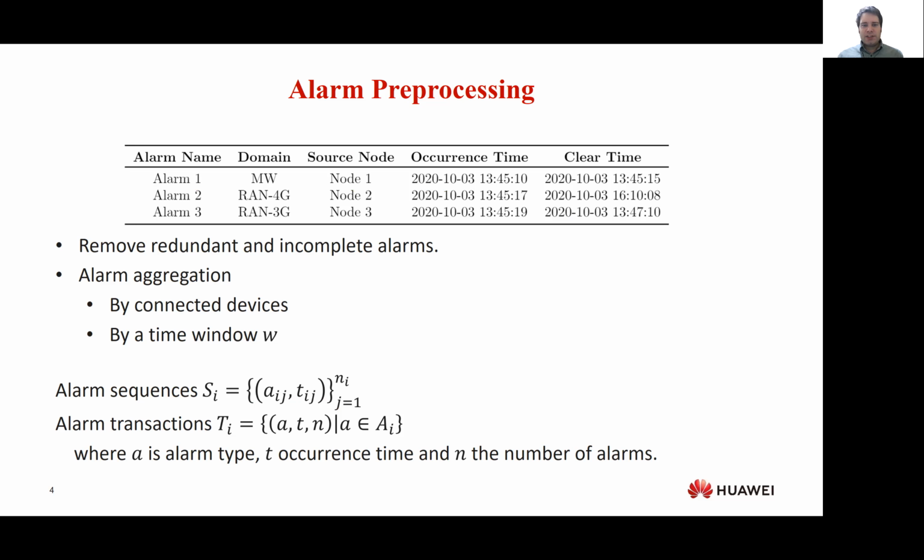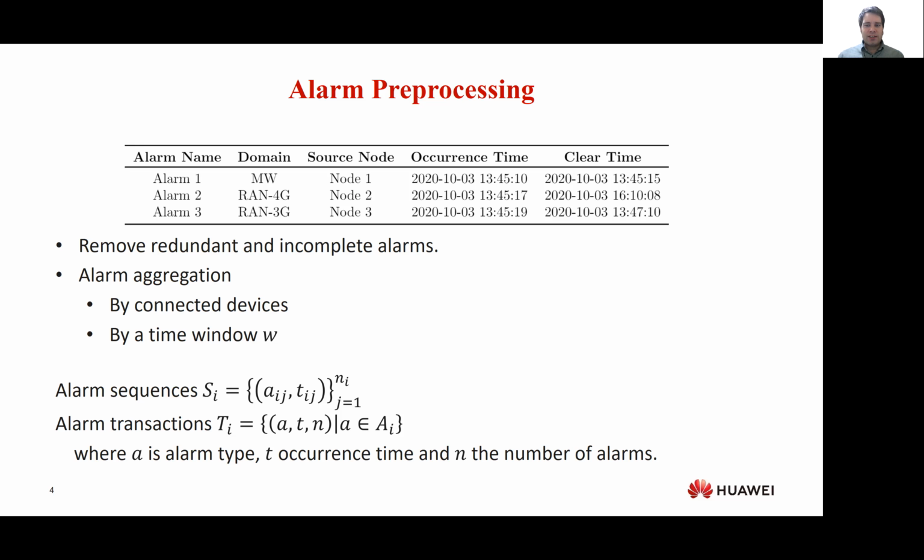Then the next step is to aggregate the alarms together. Devices in connected subgraphs in the network can interact with each other. This means that alarms from these devices can potentially be related to the same network failure. We therefore aggregate alarms in these same connected subgraphs together. Furthermore, time is also a very important factor here.